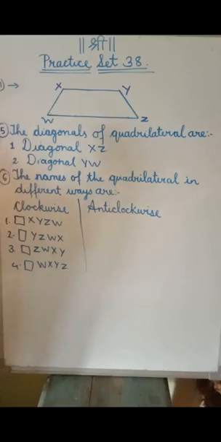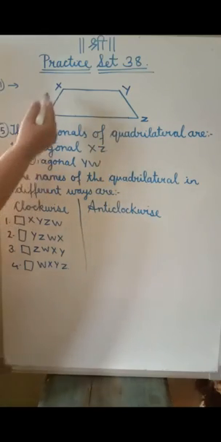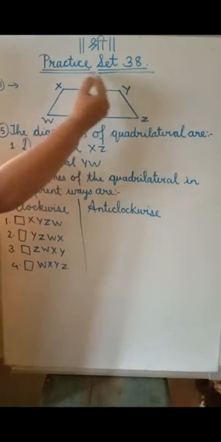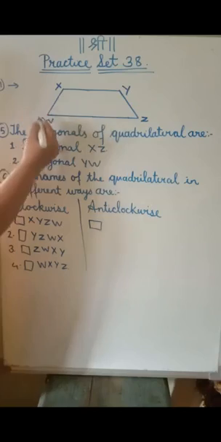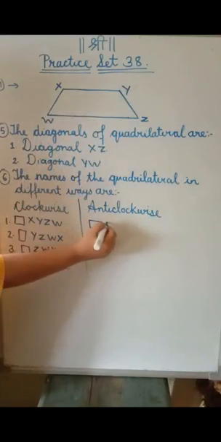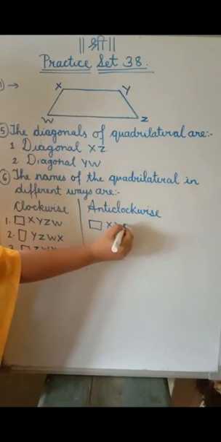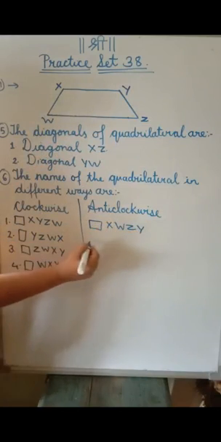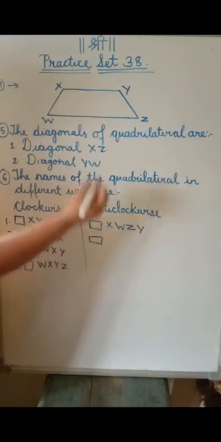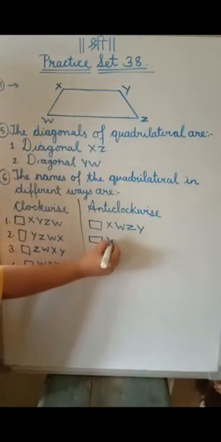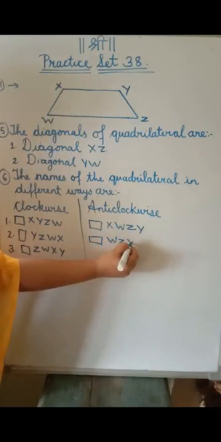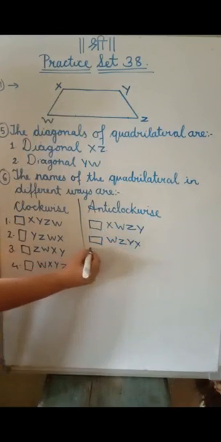Now we will write the names in anti-clockwise direction, in this way. First quadrilateral XWZY. Next quadrilateral WZYX.